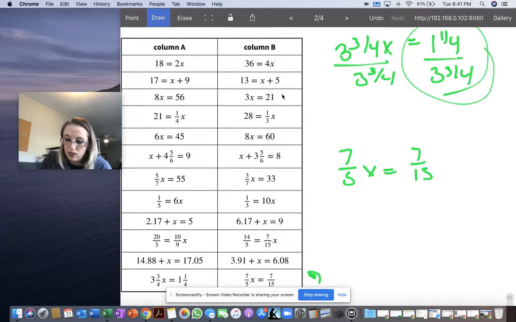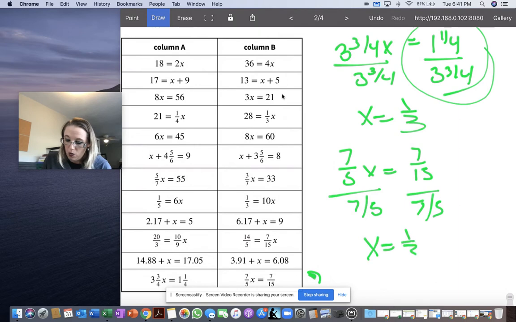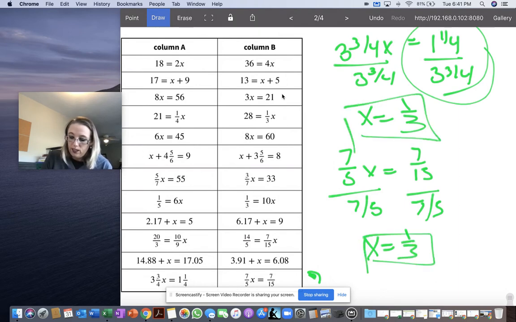This math you can do. So x is going to equal 1/3. Divide by 7/5. X is going to also equal 1/3. Okay? So if you guys need to work through these to prove the math to yourself, please do. If you have questions, get a hold of me. Okay?